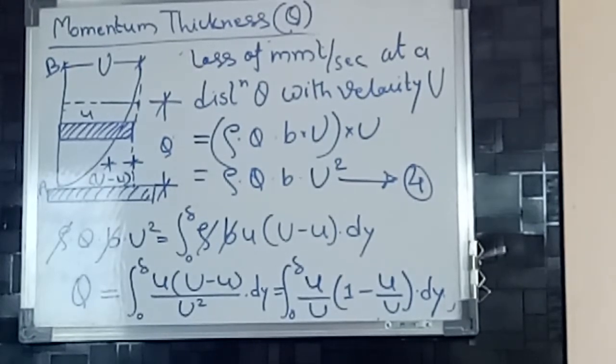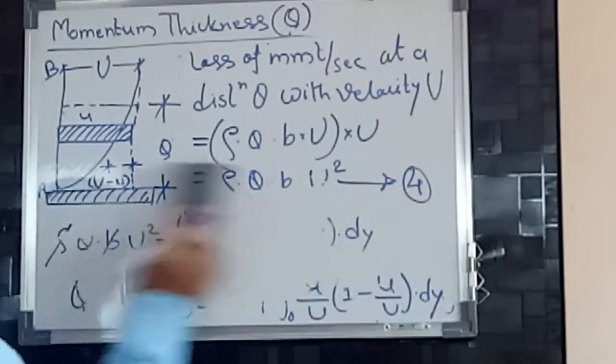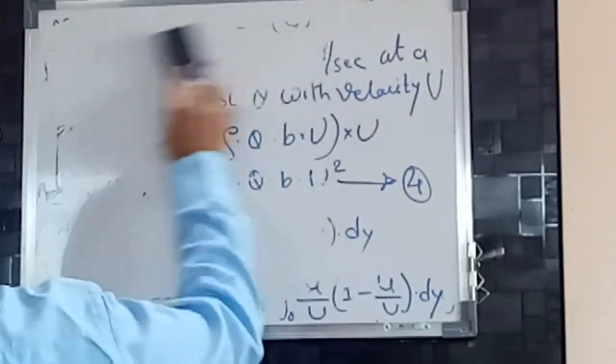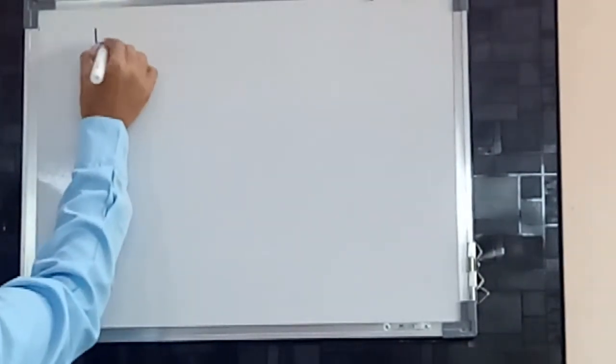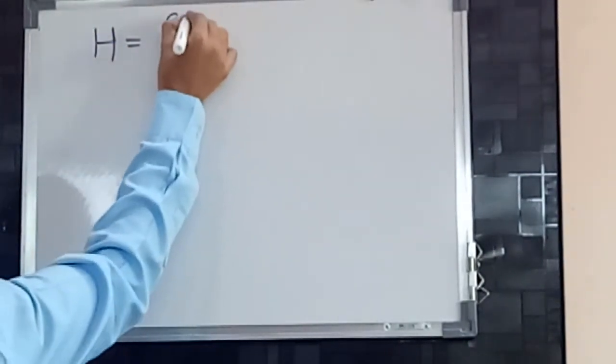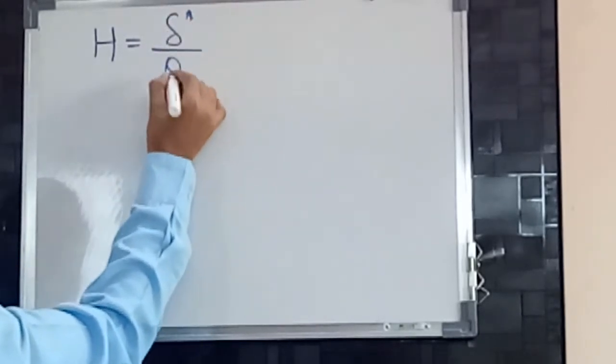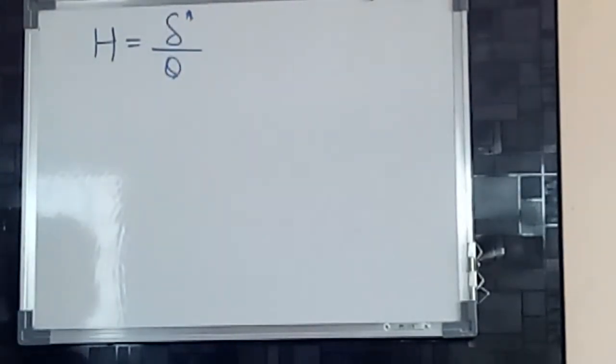Again I repeat, the ratio of displacement thickness to momentum thickness is called the shape factor. It is denoted as H. This is the shape factor.